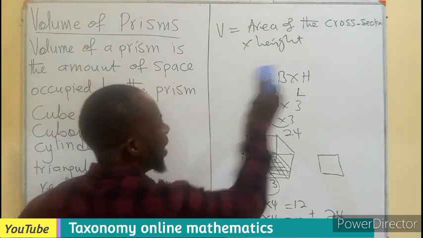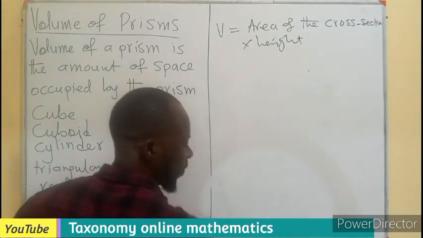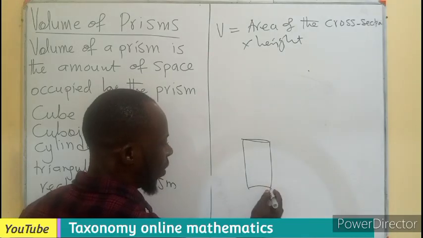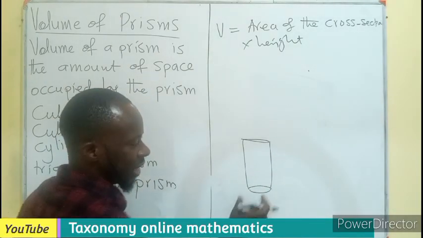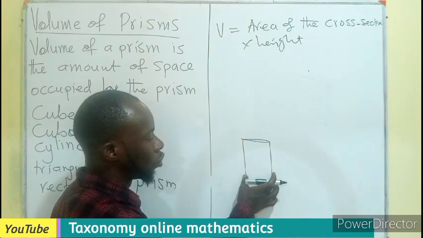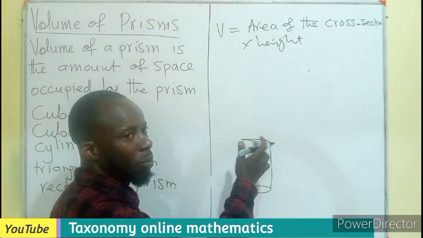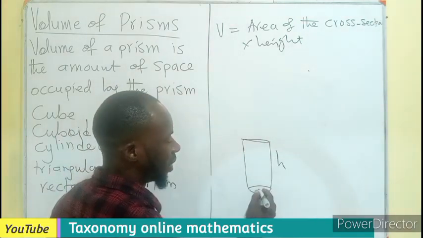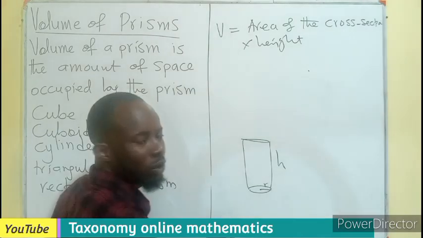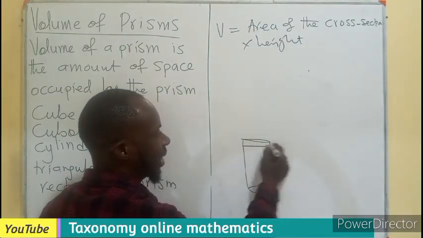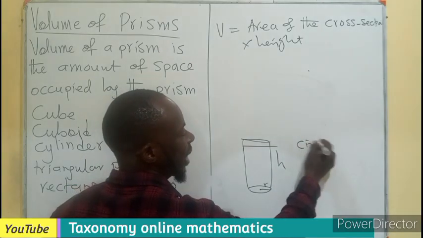Then let's say in the case of a cylinder, okay? In the case of a cylinder, you can see this is the area of the base, circle. So the group of circles will develop a height arrangement. So this will be the height, this will be the radius. So we are saying that the area of the cross section, if I cut this open, I'll get a circle.